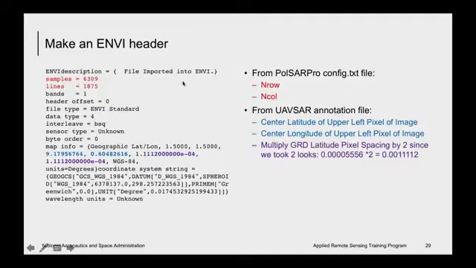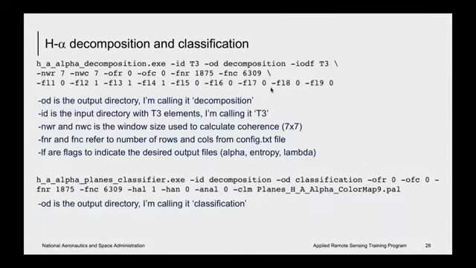And that's going to be found in the config file that PolSAR Pro produces. It's a small text file, and it's also the numbers that we have here. But if you want to confirm, you can go to the config file that is produced by this routine.